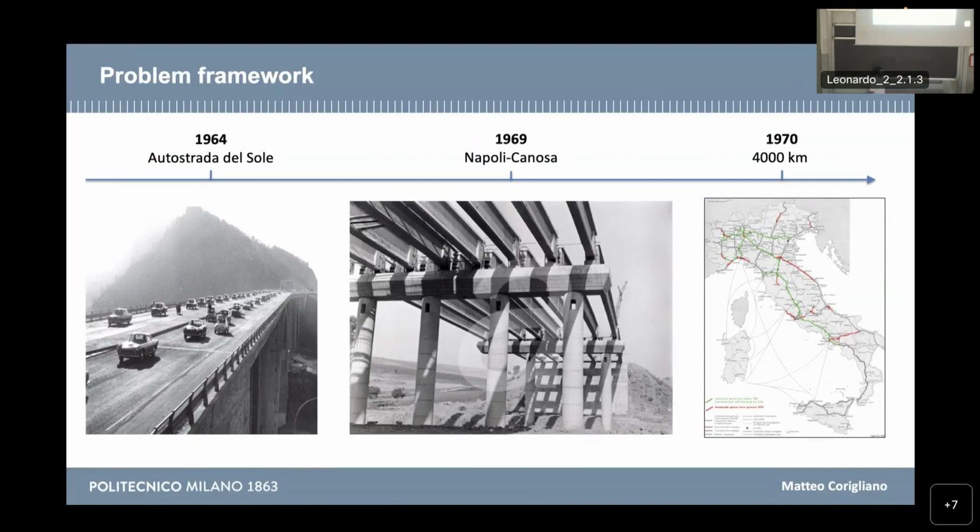So, why talk about assessment and retrofitting of deep foundations of existing bridges?